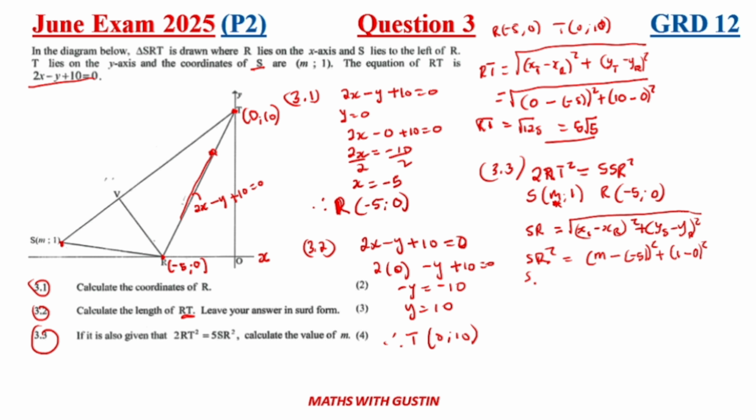So SR squared is equal to M plus 5 all squared plus 1 minus 0, which is just 1.